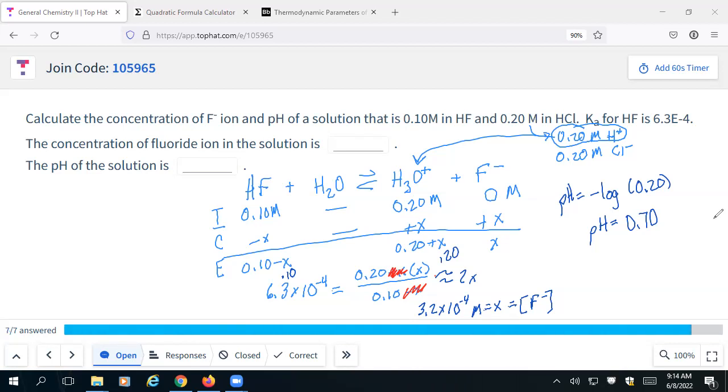So if you took the negative log of 3.2 times 10 to the negative fourth, you didn't find pH or pOH, you found pF, whatever that is. To do pH or pOH, you either need the hydronium concentration for pH or the hydroxide concentration for pOH. If that label isn't in your equilibrium, you can't use it.